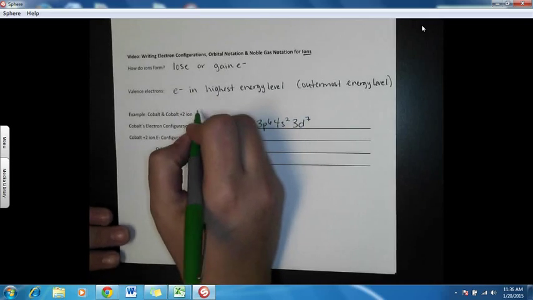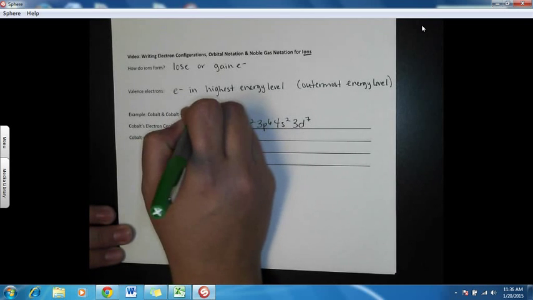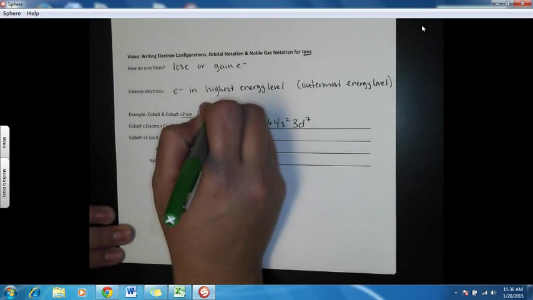Alright, so if we look at that electron configuration, we want to find the electrons which are in the highest energy level to form a +2 ion. So if we're going to form a +2 cobalt ion, that means we have lost 2 electrons.